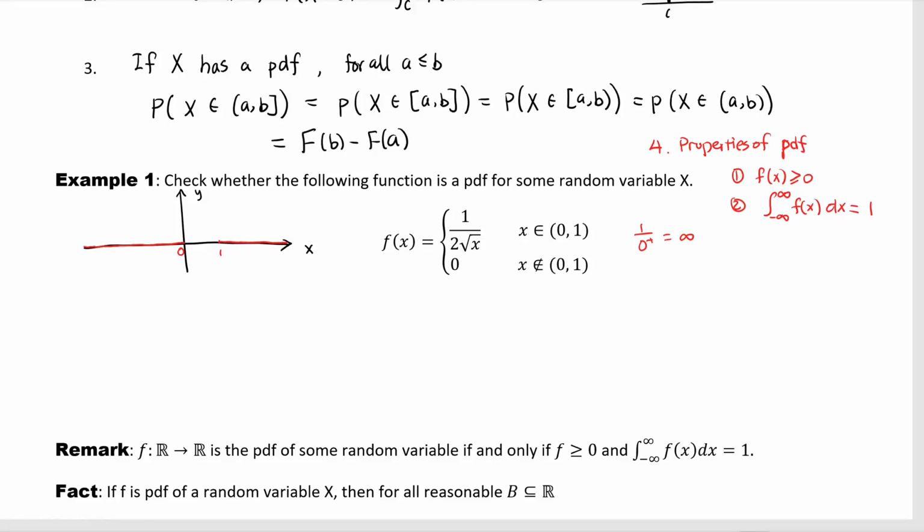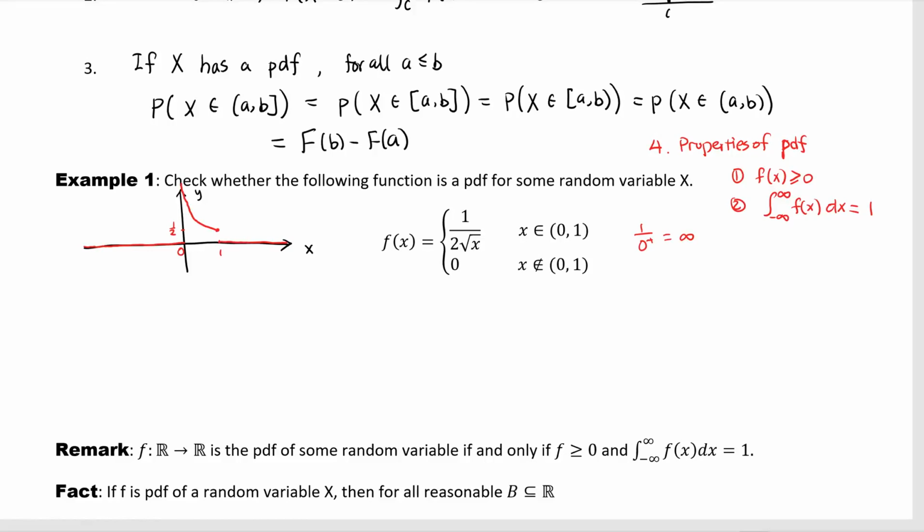So when x approaches 0 from the right, we get infinity. When we plug in 1, we get 1 over 2. We are right here, and then it goes up to infinity. So this is f(x).